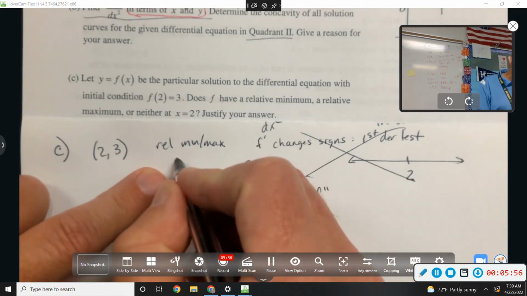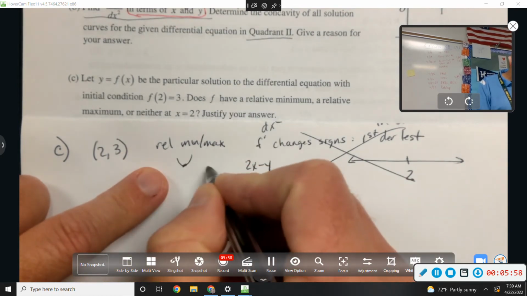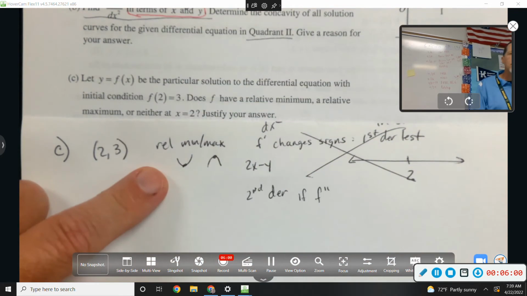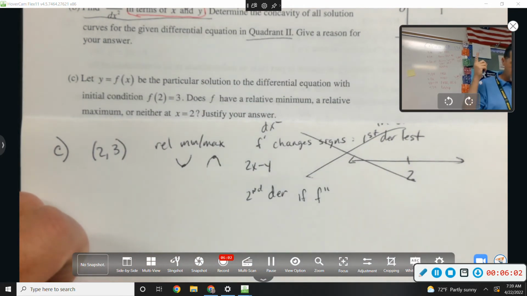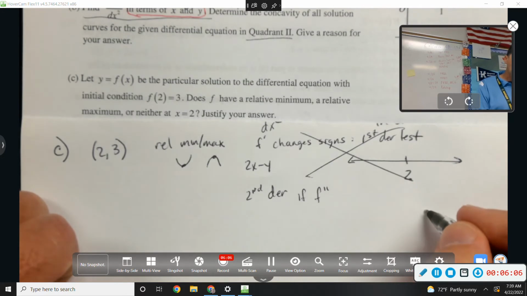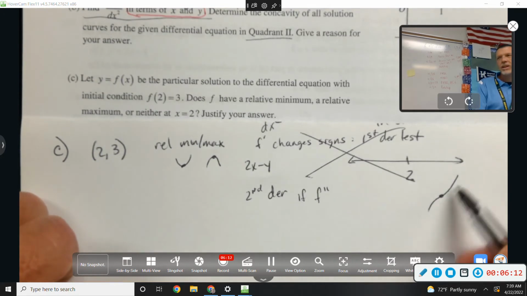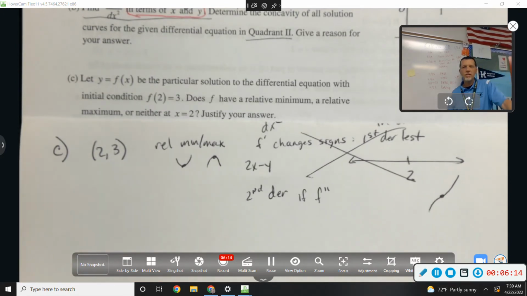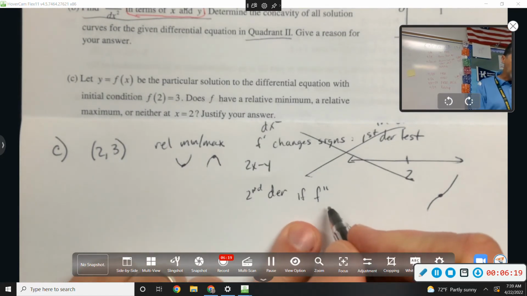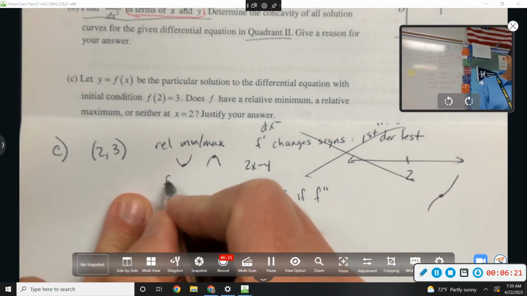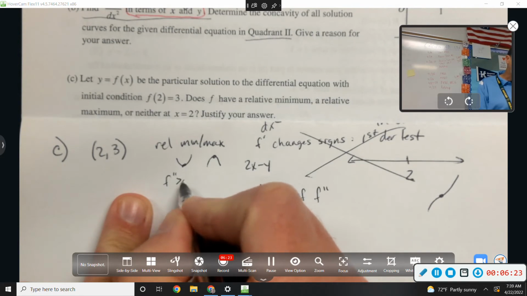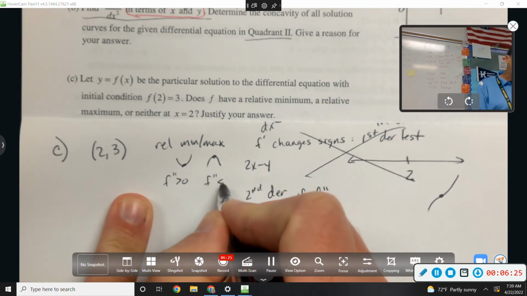Let's sketch a relative min and a relative max. Not a point of inflection. That's where concavity changes. Something like that is a point of inflection, but that's not a max or a min. The first derivative isn't equal to 0, so I don't need the second derivative equal to 0. I'm only concerned with whether the second derivative is greater than 0 or less than 0.